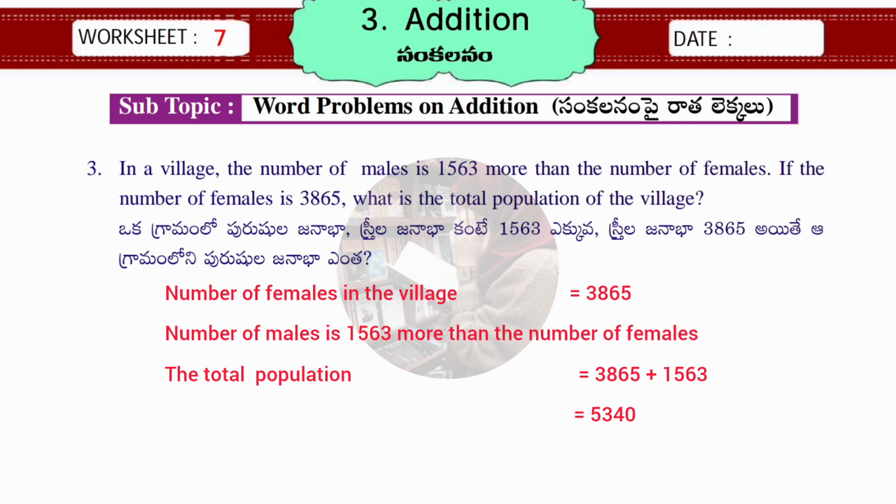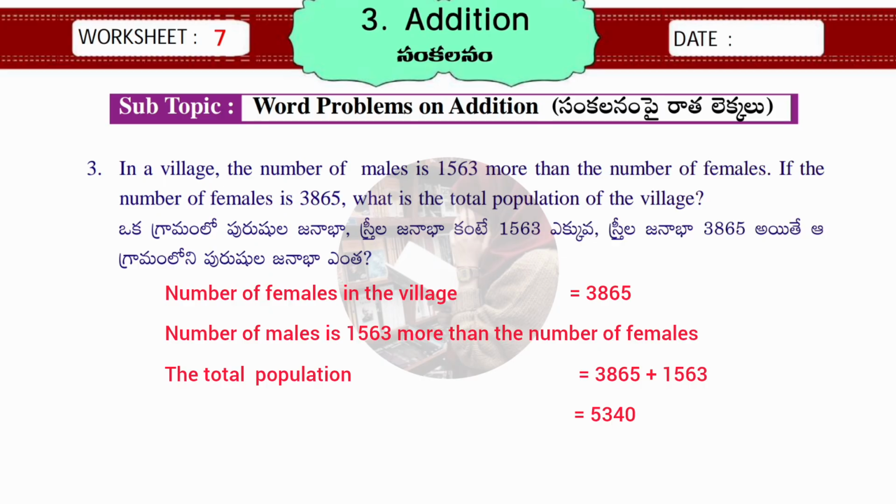Then number of males is 1,563 more than that of females, which means 3,865 plus 1,563. If you add both, that amount is the number of males in the village. So the total population is 5,340. Okay, write it down carefully.